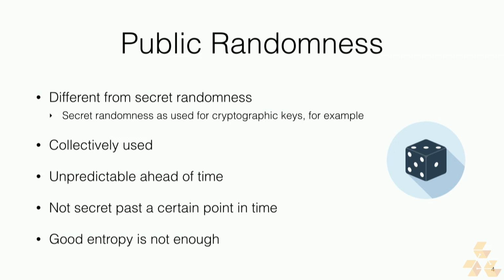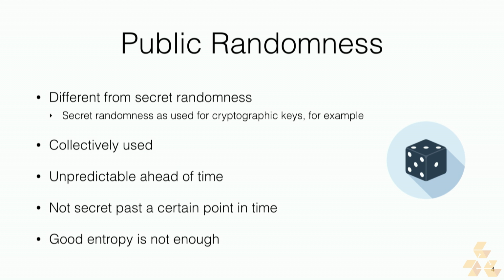Why do we need public randomness and why is the generation hard? In general, we distinguish between two types of randomness. On the one hand, there is secret randomness that you generate for yourself, and then you keep that randomness secret because you want to derive encryption keys from that. You don't want your adversary to ever know what the random seed was, so that he cannot derive the private key.